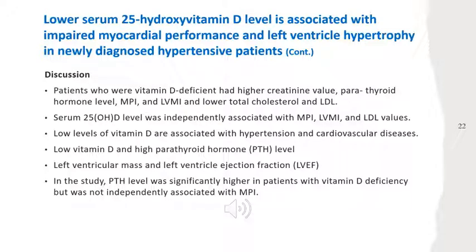Low vitamin D and high parathyroid hormone level have been associated with clinical cardiovascular disease outcomes, including incident hypertension, myocardial hypertrophy, heart failure, and cardiovascular disease death. Left ventricular mass and left ventricle ejection fraction are both important predictors of heart function decline and mortality.